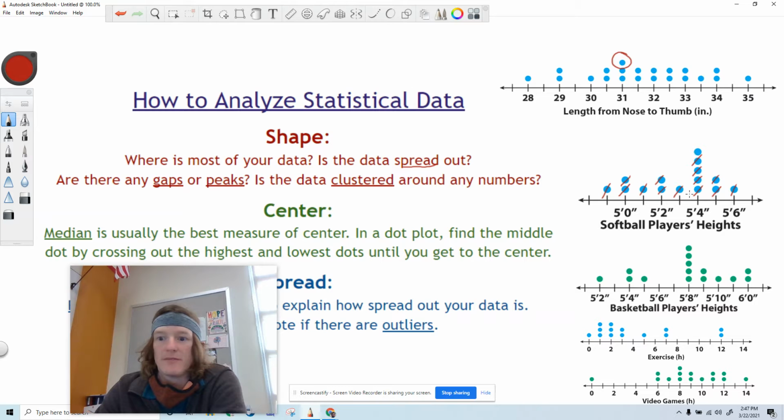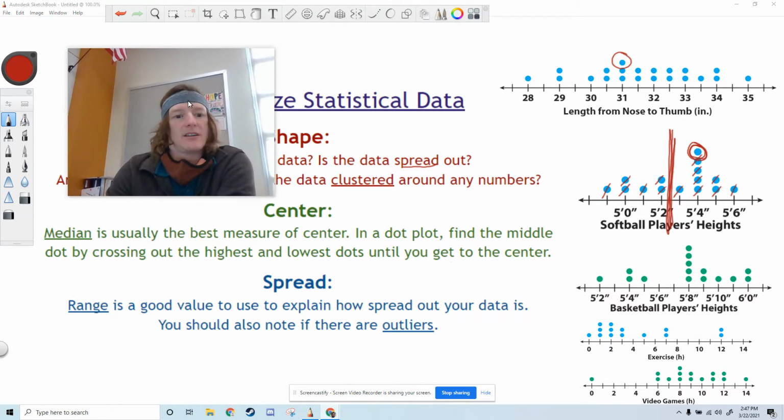And notice it doesn't really matter which one of these we cross off. We found our median here is 5'4". So a measure of center, what is the center of this data? It's not the middle of the graph, it's the middle dot. By crossing off the big one, little one, big one, little one. We're going to practice this a lot.